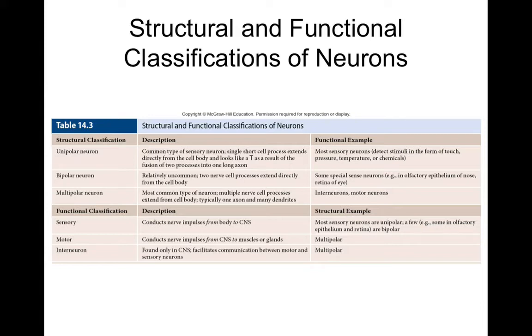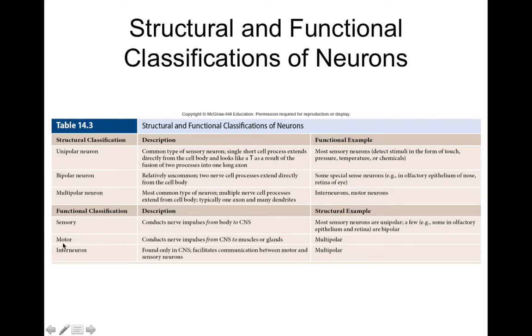What's the most common neuron in your body? Multipolar, good. Which one's found in sensory systems? Bipolar. So special senses like your olfactory system and eye. And then unipolar, you find also in sensory neurons, but these are mostly going to be involved with reflexes, like detecting stimuli like chemicals and stretch and that kind of stuff.